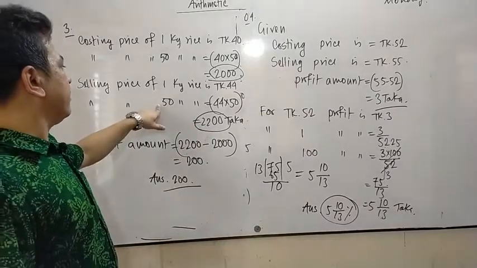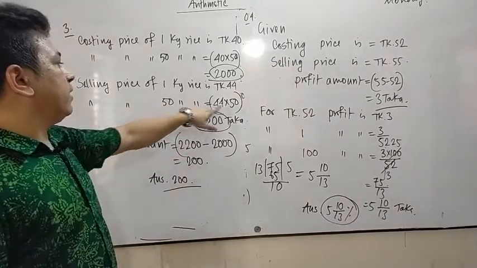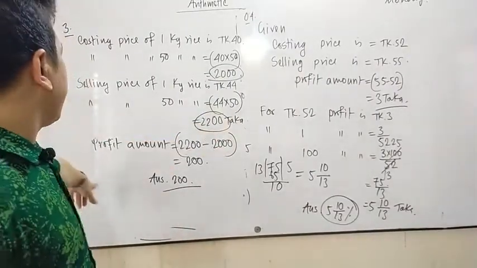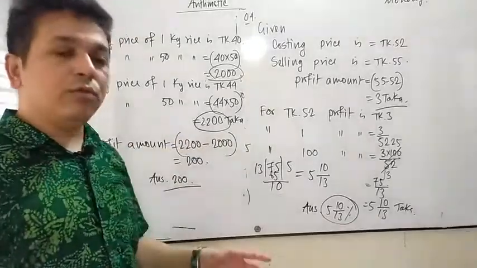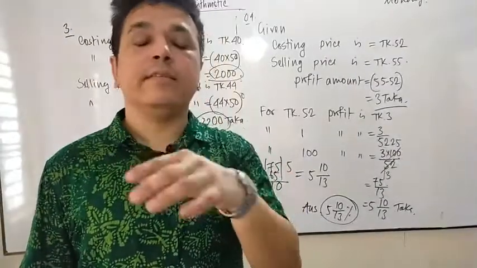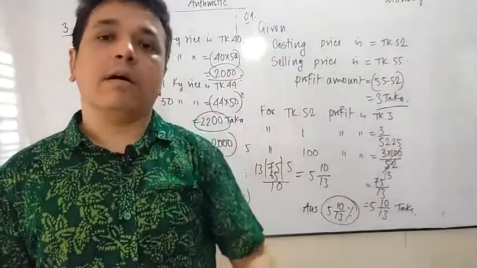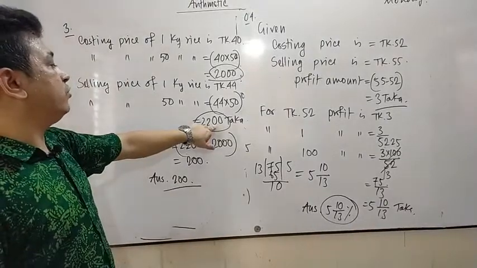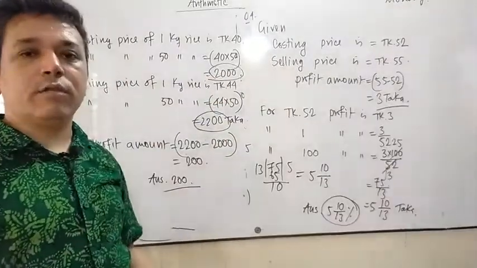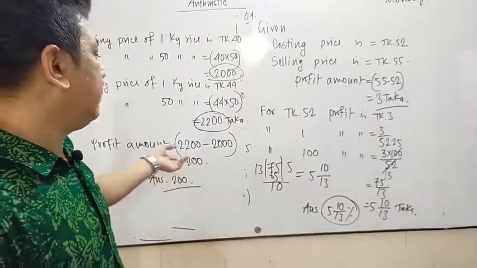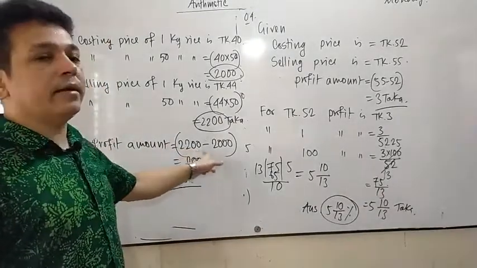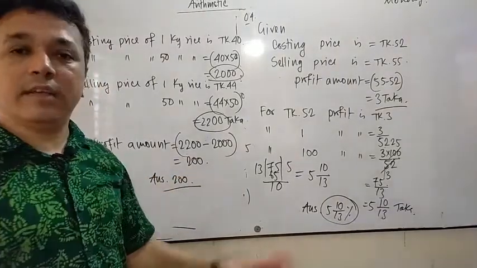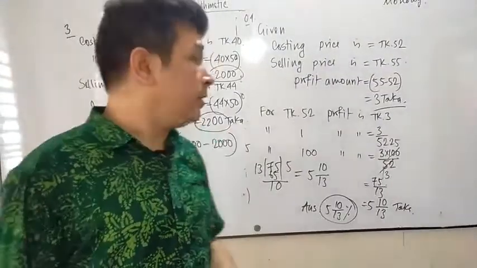So the selling price of 50 kg of rice is 44 into 50, which is 2200. When the selling price is greater than the buying price, it should be a profit. Here we have 2200 and 2000, so a profit occurred. Profit amount equals 2200 minus 2000 equals 200. So 200 taka is the profit, that is the answer.